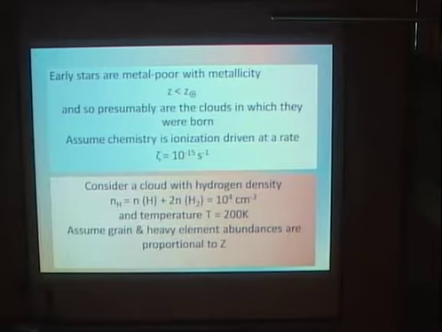The cloud has a density of 10 to the 4th per cubic centimeter and a temperature of 200 degrees Kelvin. And I'm going to assume that the grains and the heavy element abundances are proportional to the metallicity.